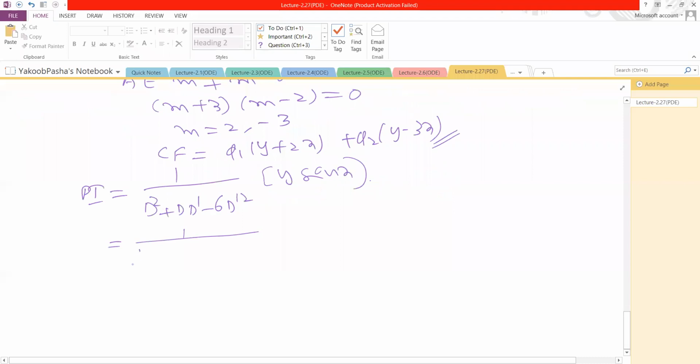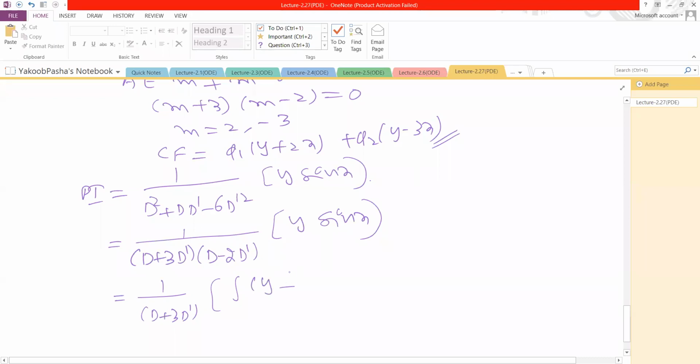So we can write this as D plus 3D dash into D minus 2D dash, y into sin x. Okay. Now I am applying first D minus 2D dash here. We can integrate and changing y into x. So we can write in terms of y, I am writing y in terms of y can be written as c plus 2x.